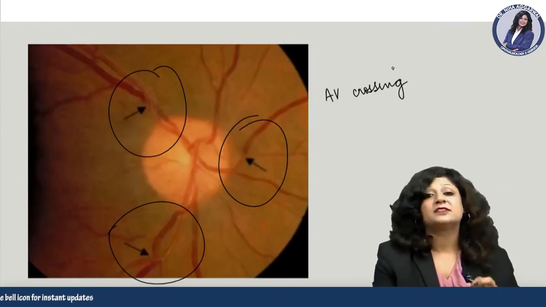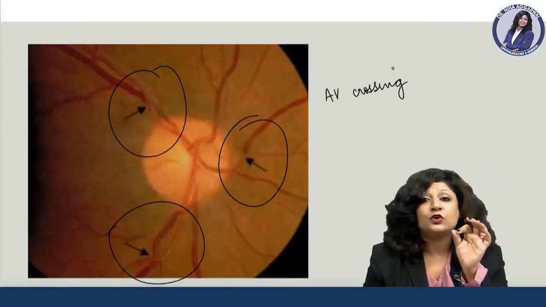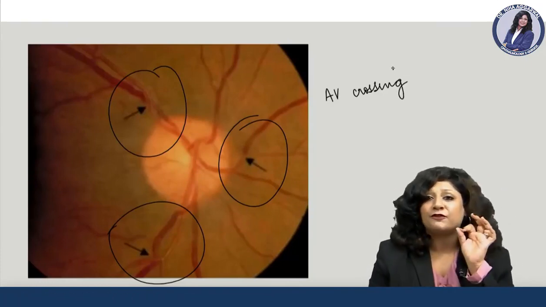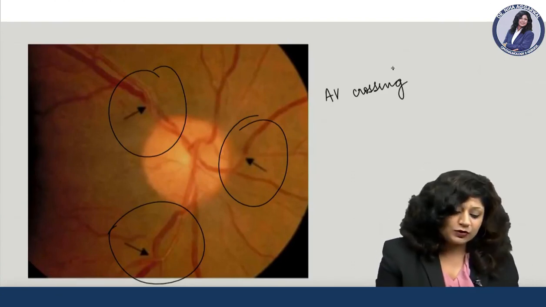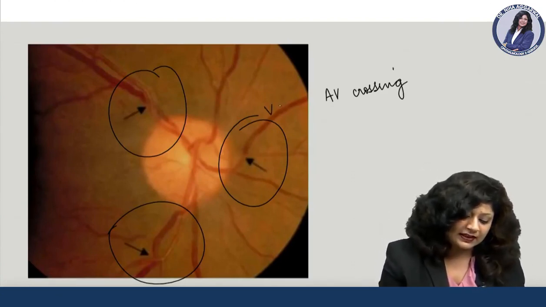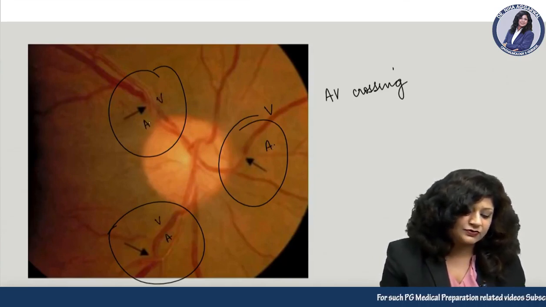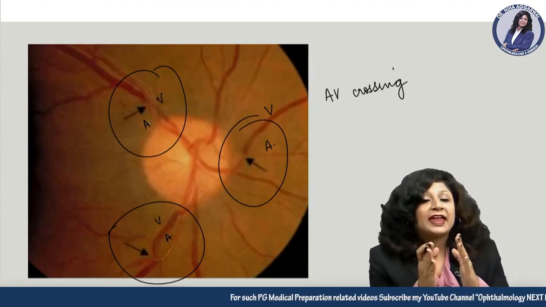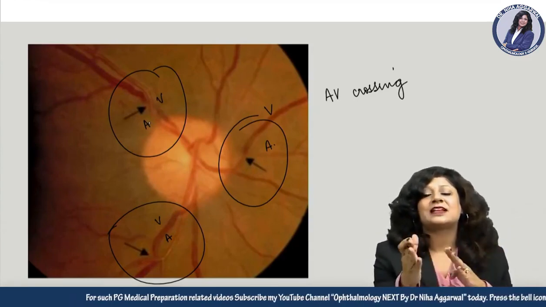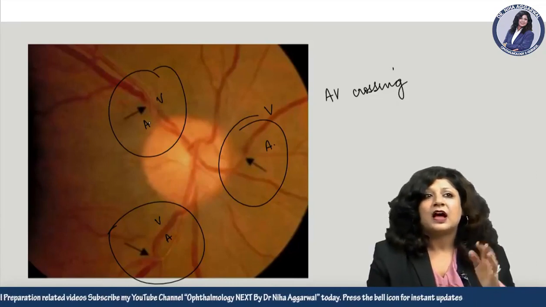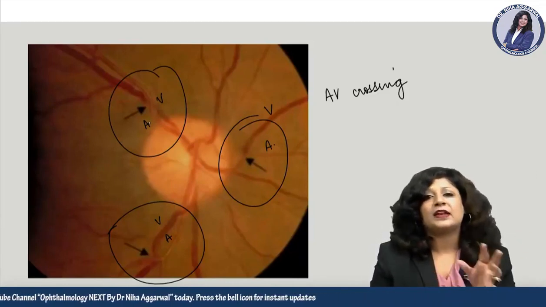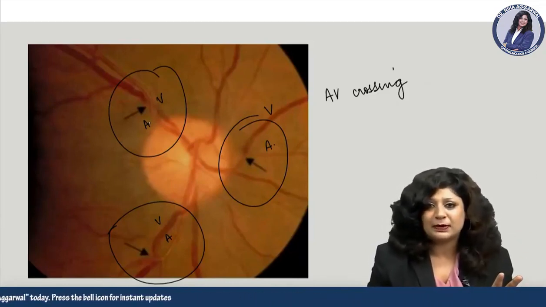AV crossing means where a vein crosses an artery. Now, this darker one is a vein and the lighter one is an artery. Here also, this is a vein and this is an artery. Here, this is a vein and this is an artery. So whenever a vein crosses an artery, that is actually called AV crossing. An artery can cross a vein or a vein can cross the artery. There is no problem in that.